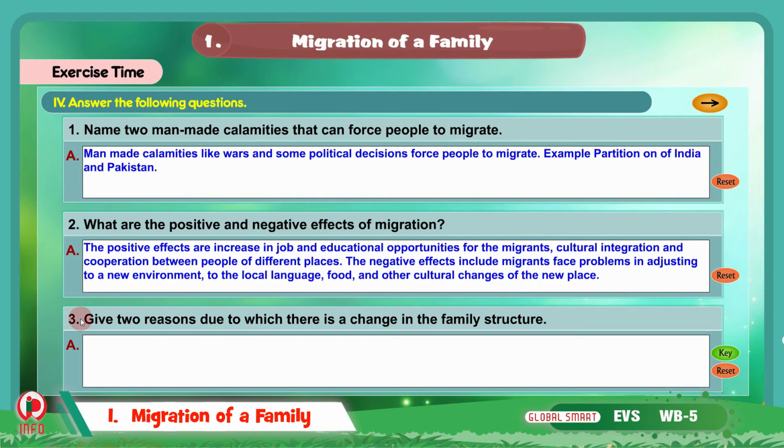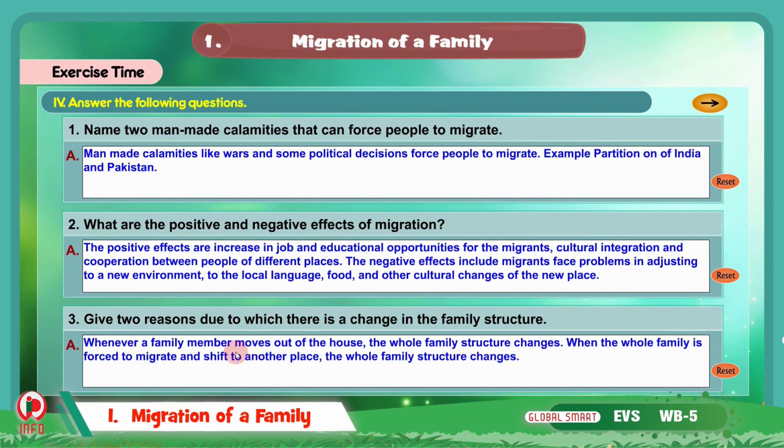Now the third one. Give 2 reasons due to which there is a change in the family structure. Yes, there might sometimes be a change in the family structure. How is it so? Whenever a family member moves out of the house, the whole family structure changes.